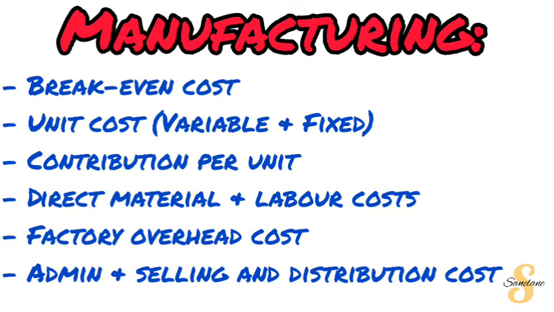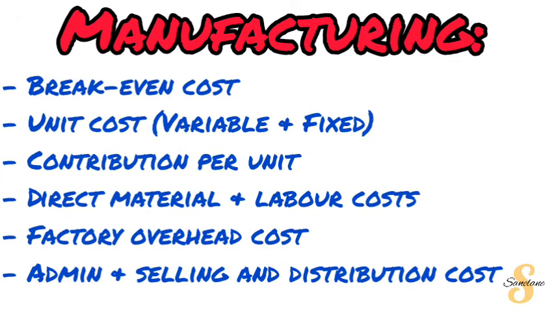Then when it comes to the manufacturing or the production cost statement itself, you need to be able to calculate direct material cost as well as direct labor cost. Then you also need to know how to calculate factory overhead cost.